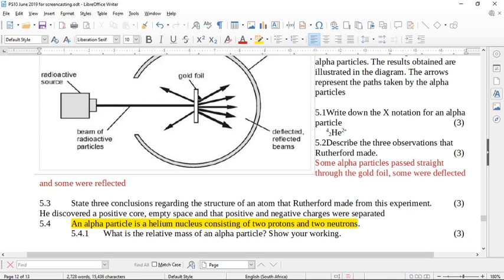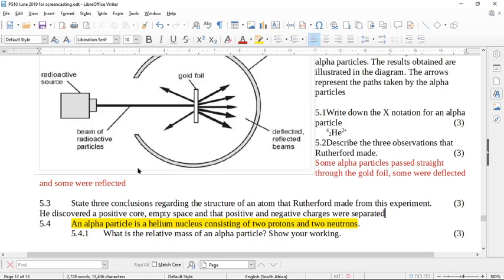Okay, so those are his three conclusions, and it's come from the fact that some passed straight through, that's the empty space. Some were deflected, that's when the ray is bent by a negative, and reflected is when the positive alpha beam hits a positive nucleus and bounces off because like charges repel.